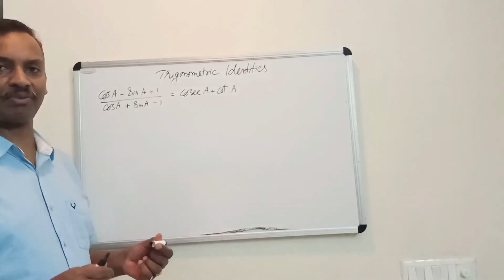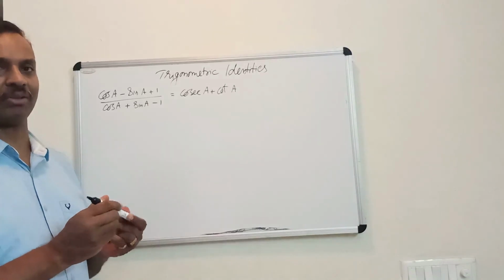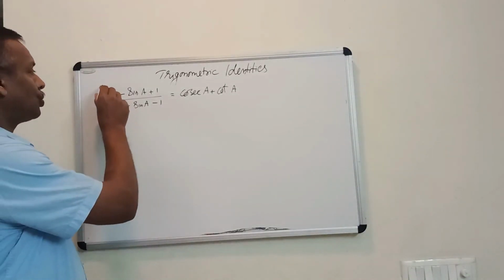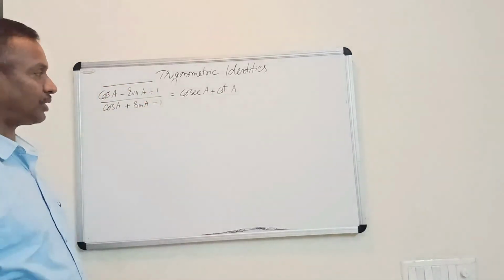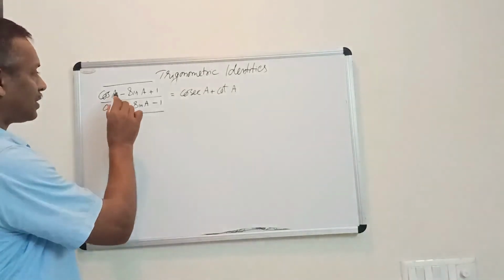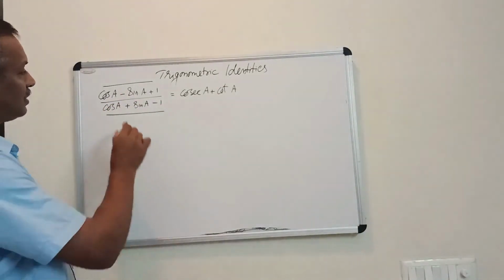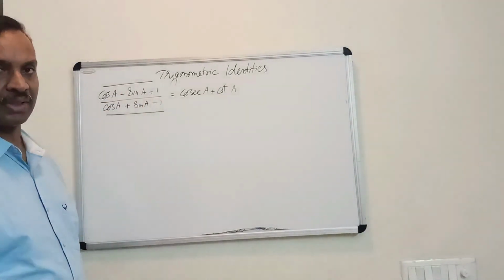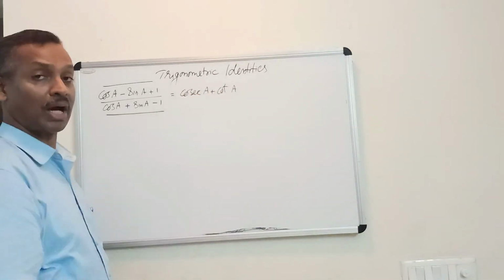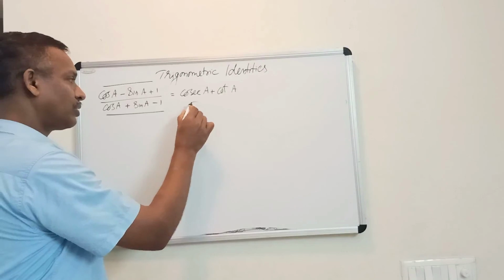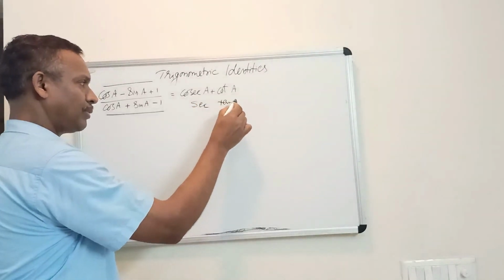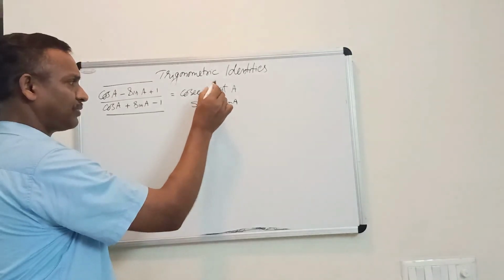This is a special type of question we have to discuss a little bit in detail. Here, the numerator has 3 terms, the denominator also has 3 terms. And all the terms are the same, only the difference is their sign. Sometimes they will ask us to change to cosec and cot or sec and tan. Maybe plus or minus, it differs.